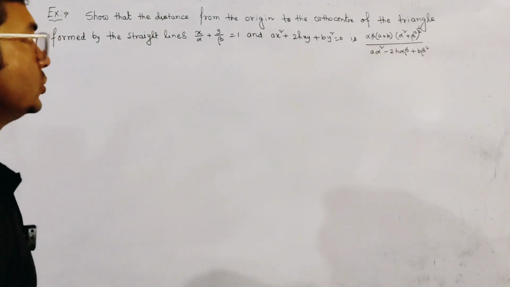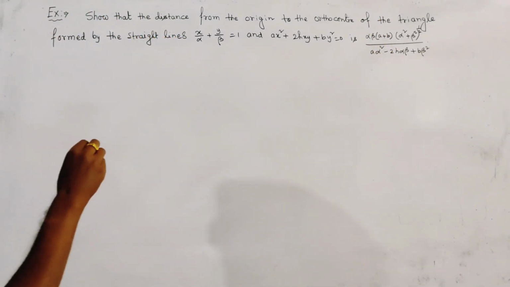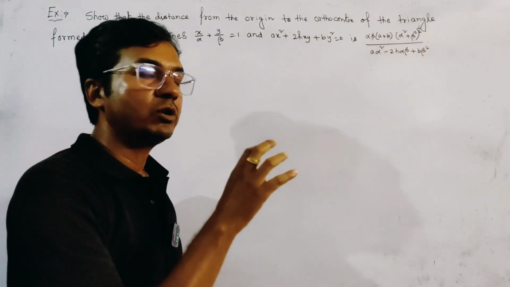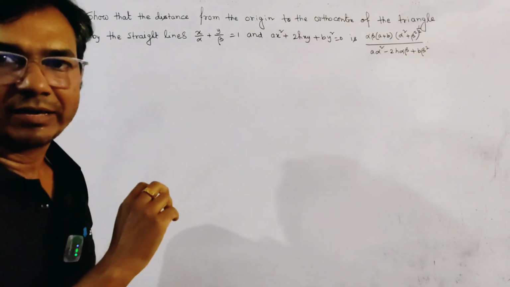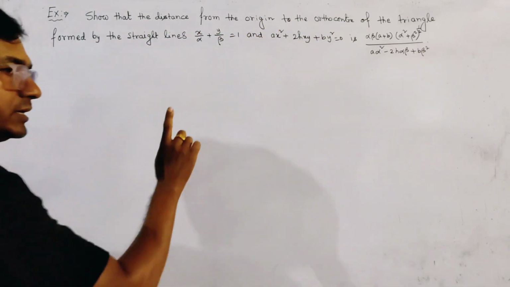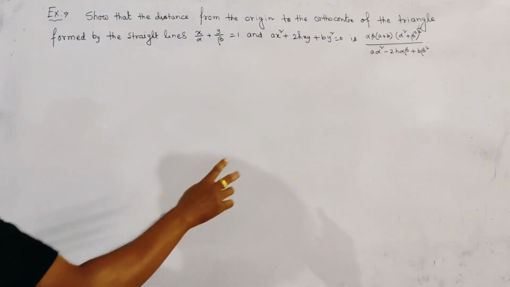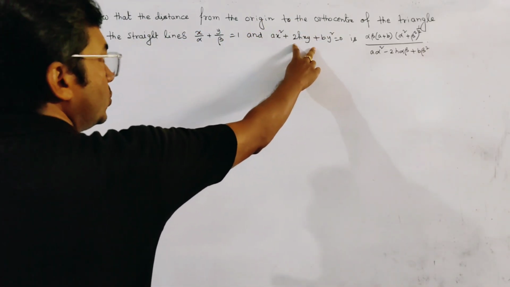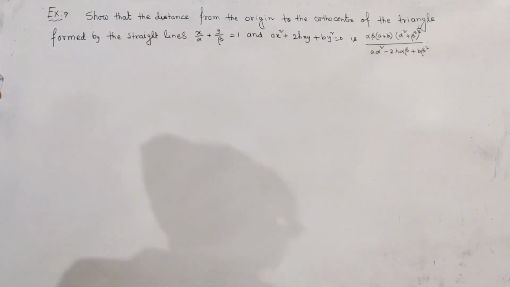So we have to prove the distance of the orthocenter of the triangle from the origin is given by this, and the triangle is formed by three straight lines.